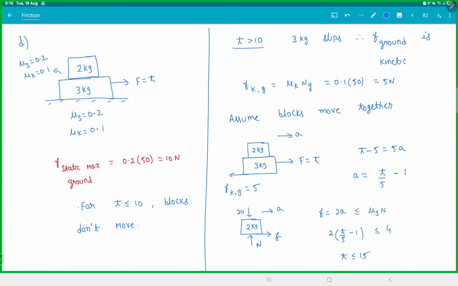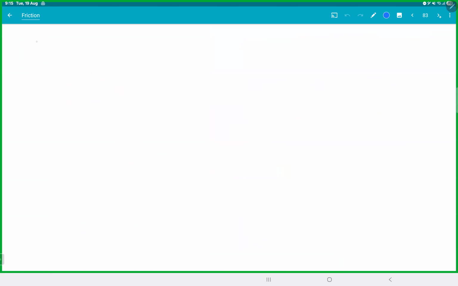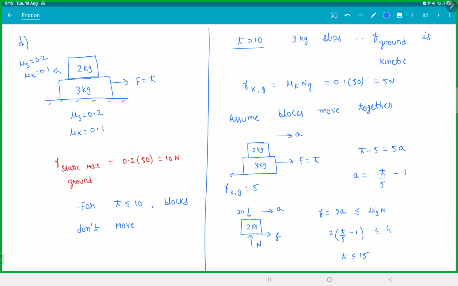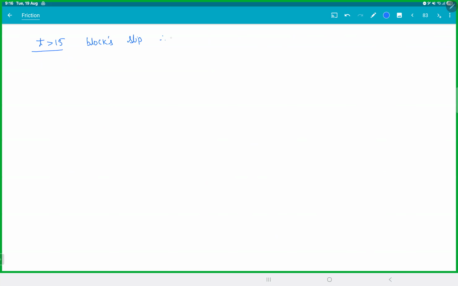Then what? Then after 15 seconds, for t greater than 15 seconds, blocks will slip, because your assumption that they'll go together is only till 15 seconds. Means after 15, they can't go together. Blocks slip. Therefore, friction between them also becomes kinetic.